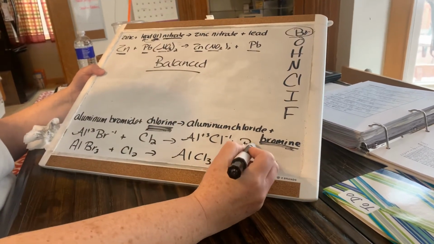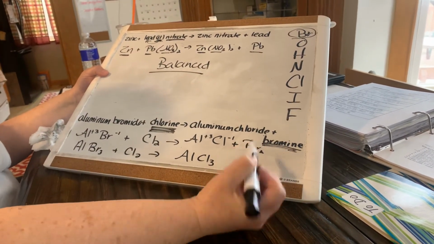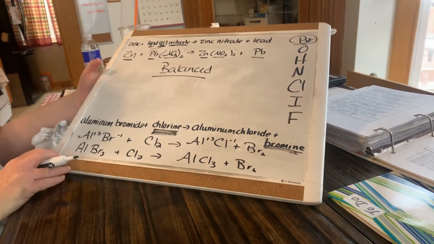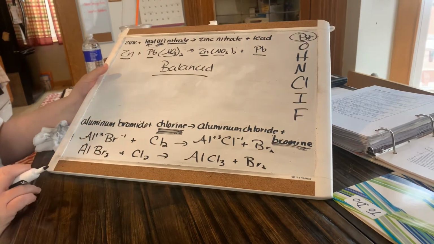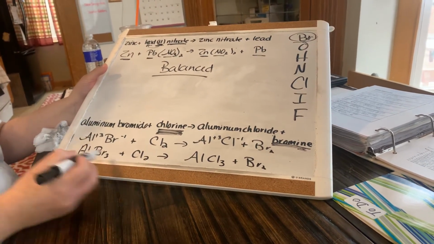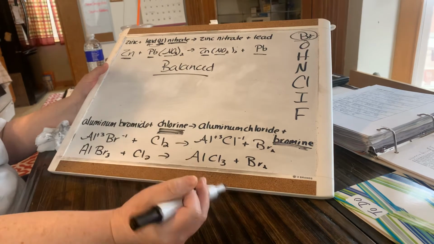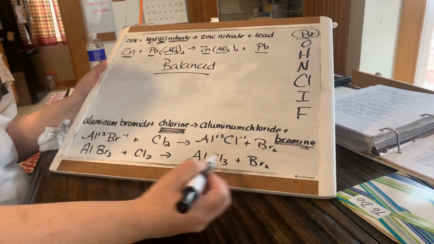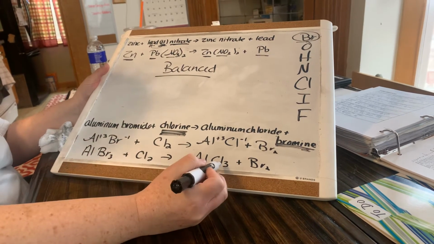So Br2, correct? By itself, Br2. Okay? Now we got to balance this. Watch this. See, you have one aluminum here and one aluminum here. We're good there. You got 3 bromines here and 2 over here. You got 2 Cl's here and 3 over here.